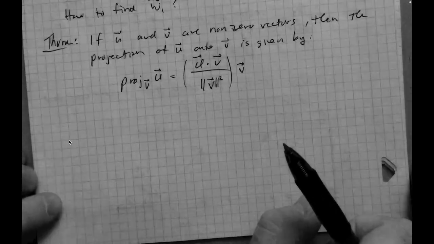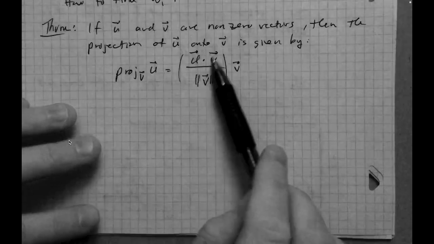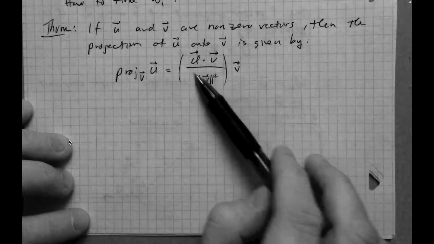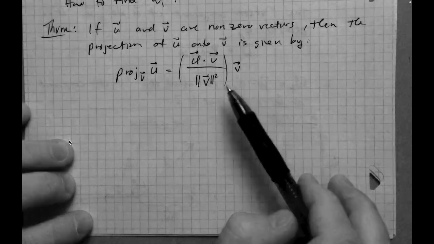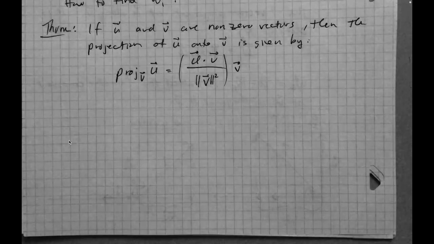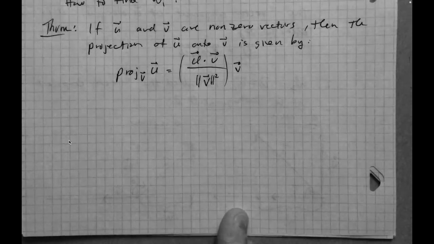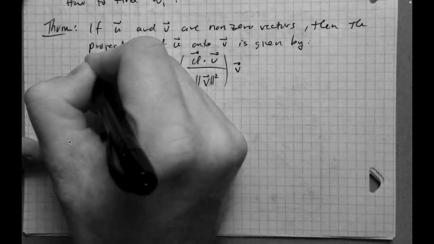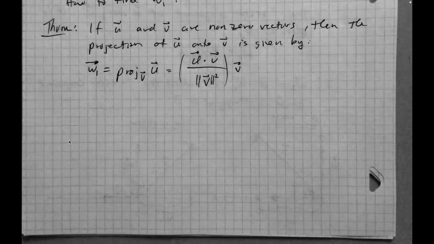So that's what we're doing here. This is the way to come up with the scalar, multiply it times V to kind of shrink it or extend it. All right. So that's how you figure out what that W1 needs to be.